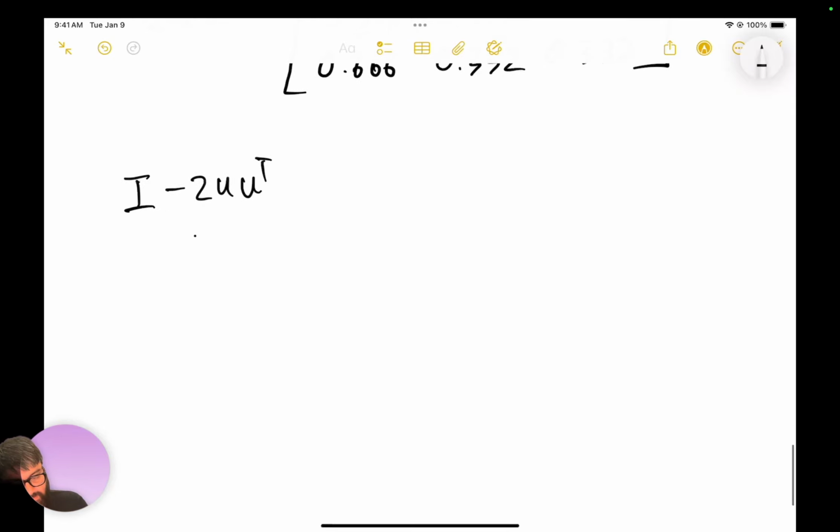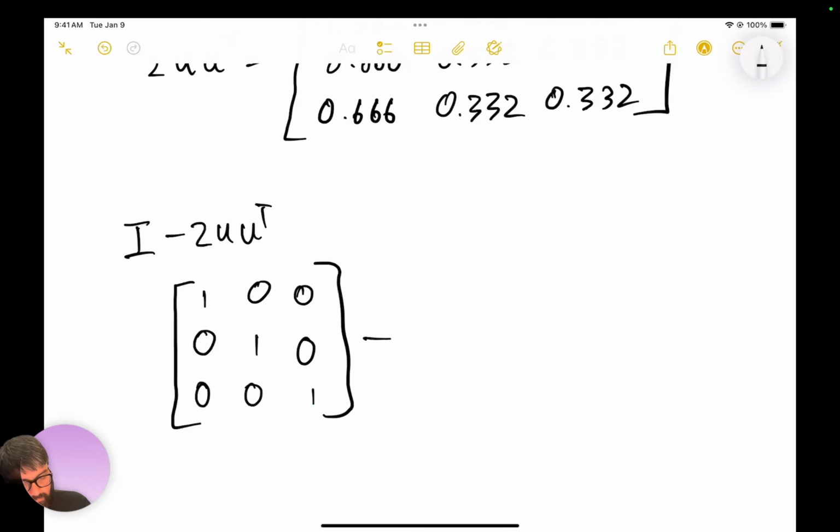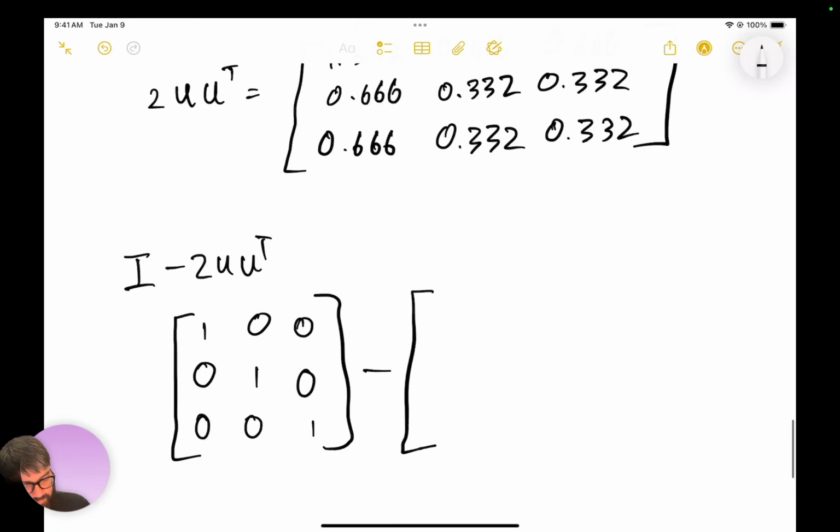And I minus 2UUT is essentially just the identity matrix. I'm just going to draw that out for the sake of it. This is a 3 by 3, yes. So 1, 1, 1, and then 0 in the off diagonals, minus this whole mess over here. Just going to copy it back down for illustration's sake.